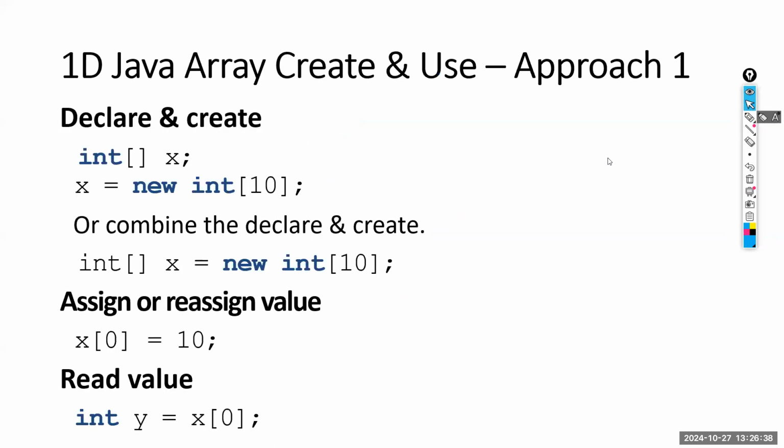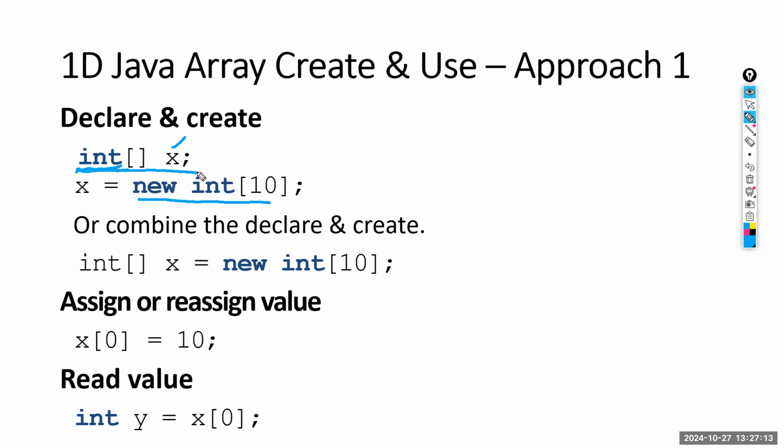This is how you create a Java one-dimensional array. When you create an array, you must specify the data type, whether it's int, double, float, boolean, char, or later you will learn we can create arrays of objects as well. But forget about arrays of objects for the time being. You must specify the data type, then square brackets, and then your variable name. So then you can create that array.